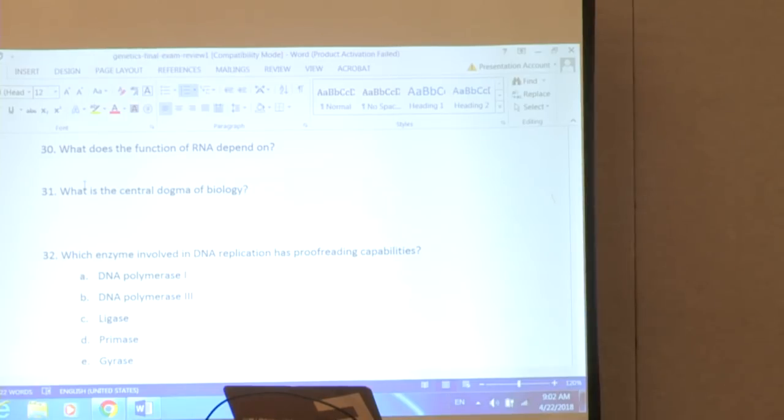And the central dogma of biology, does anyone remember what that is? Yeah, really good. So it's DNA to RNA to proteins, then DNA is obviously replicated by DNA replication, then DNA to RNA we would call transcription, and RNA to proteins is called translation.